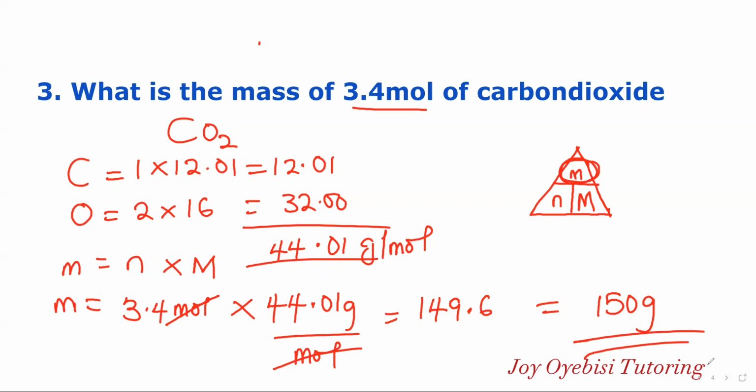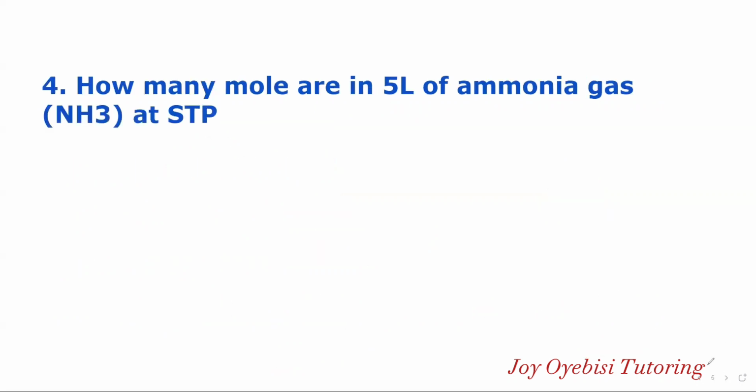All right. The next one, it says how many moles are in 5 liters of ammonia gas at STP? Now, STP means standard temperature and pressure. Okay. And in gas laws, you would usually use the ideal gas law to solve this kind of question. But since we are doing mass to mole, we're not going to do that.